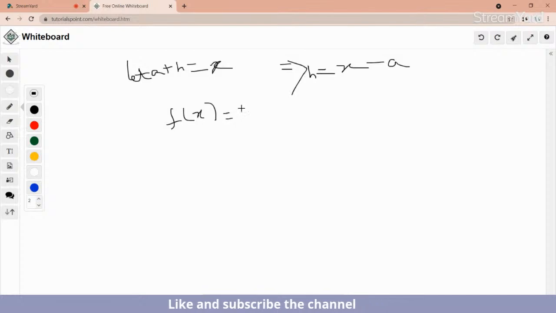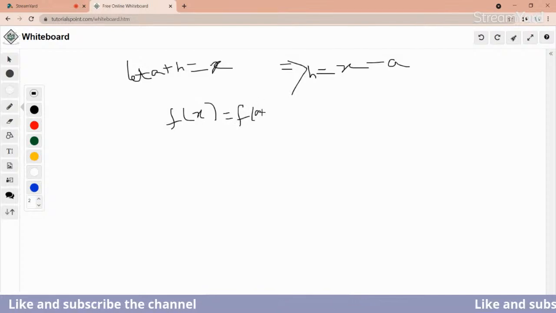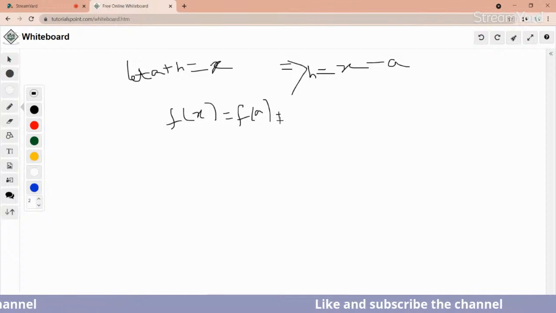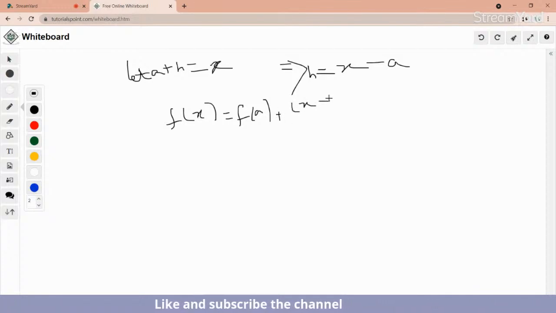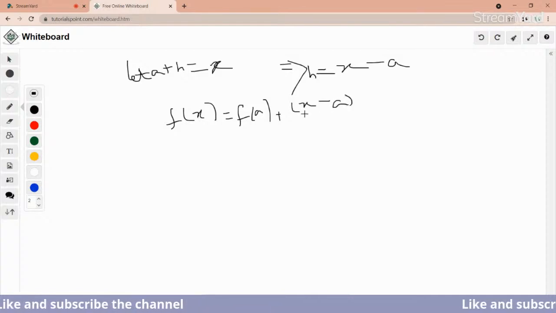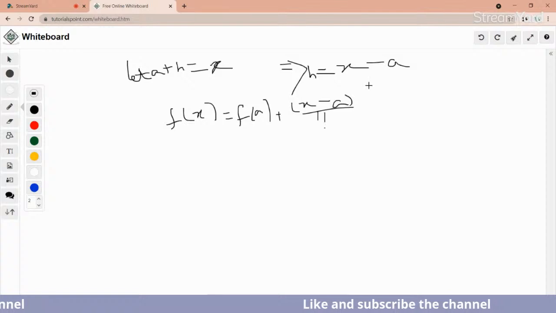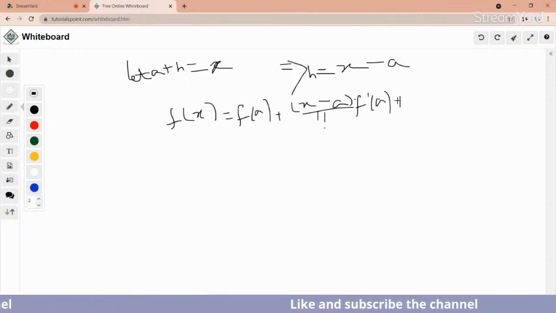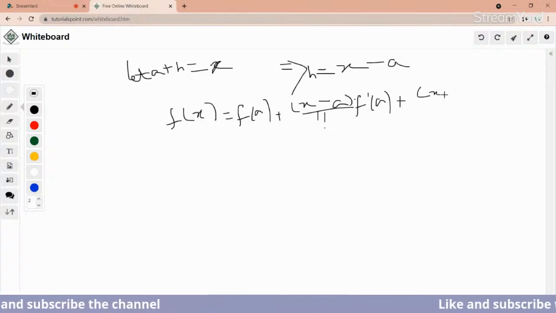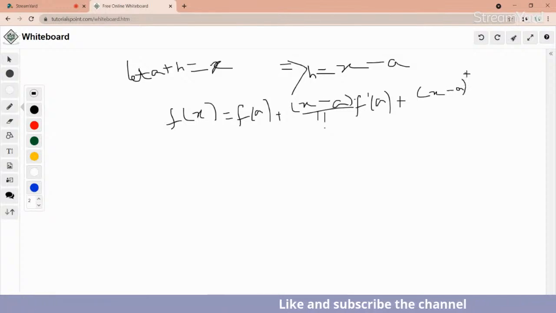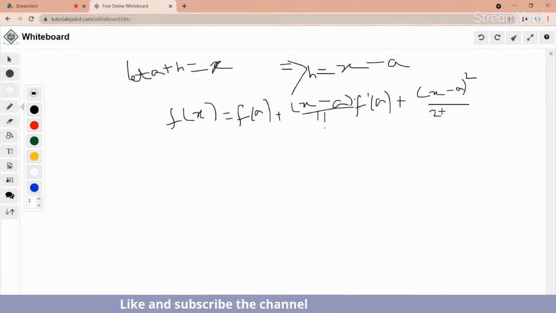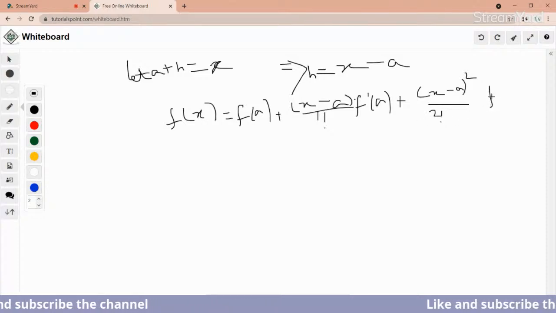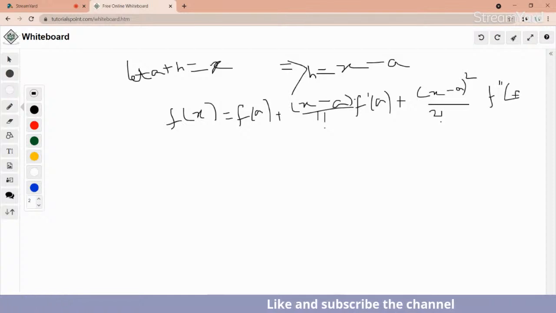So f of x will be f of a plus x minus a by one factorial f dash a plus x minus a whole square by 2 factorial f double dash a.